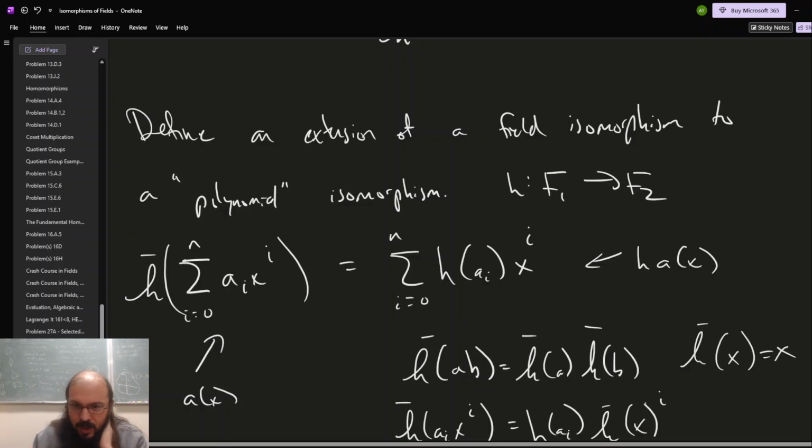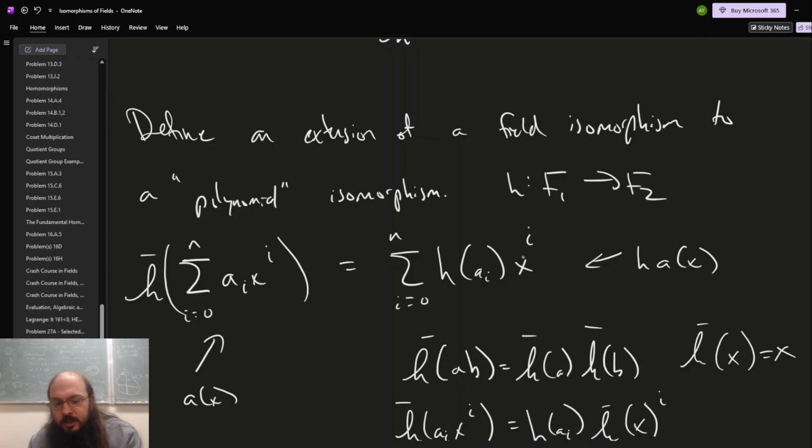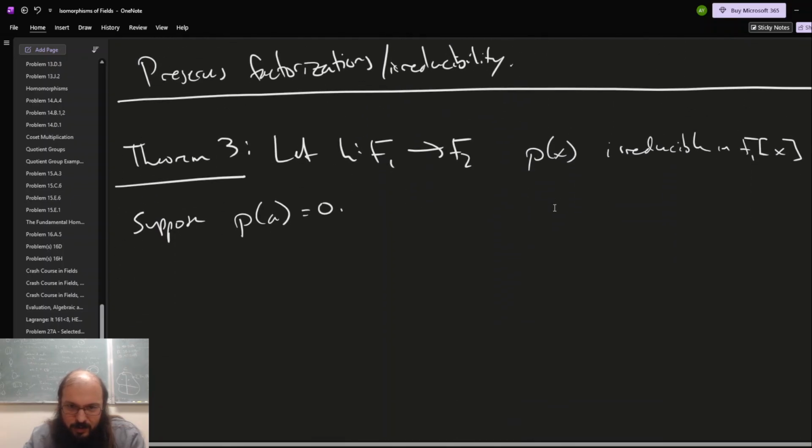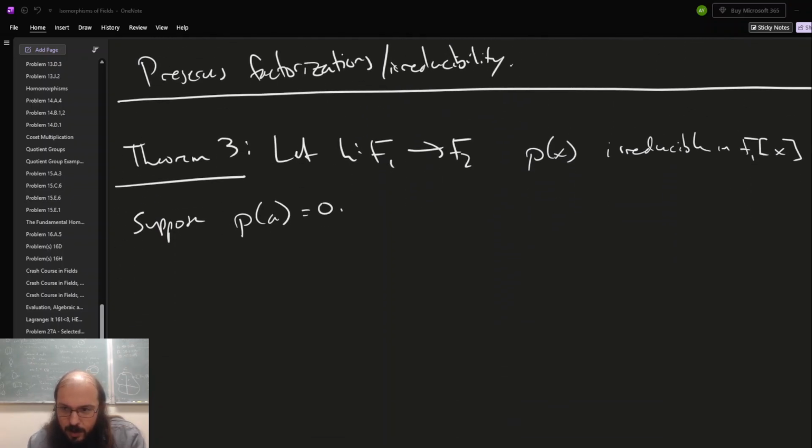That's the idea here, that the H is an isomorphism. He's applying H to the coefficients, and the X's are just staying put. Okay. Curse notation. A is a root of P of X, and B is a root of HP.